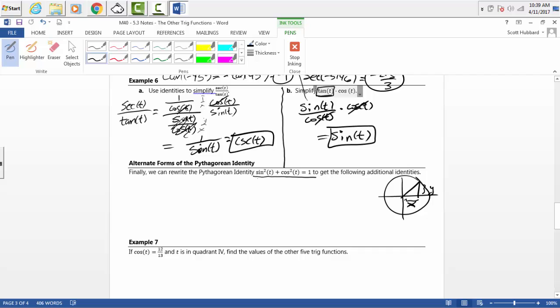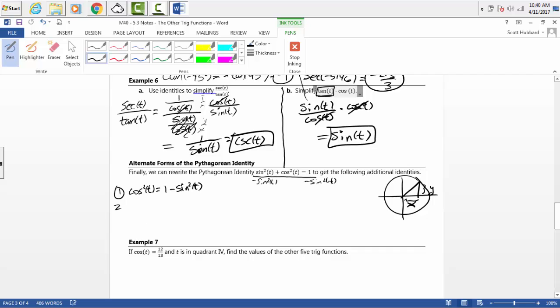So I just want to show you that we can rewrite this using a bunch of algebra to get different identities. So starting with this, we could subtract sine squared from both sides. So our next identity, I'll write it over here, is that cosine squared of t is the same thing as 1 minus sine squared of t.